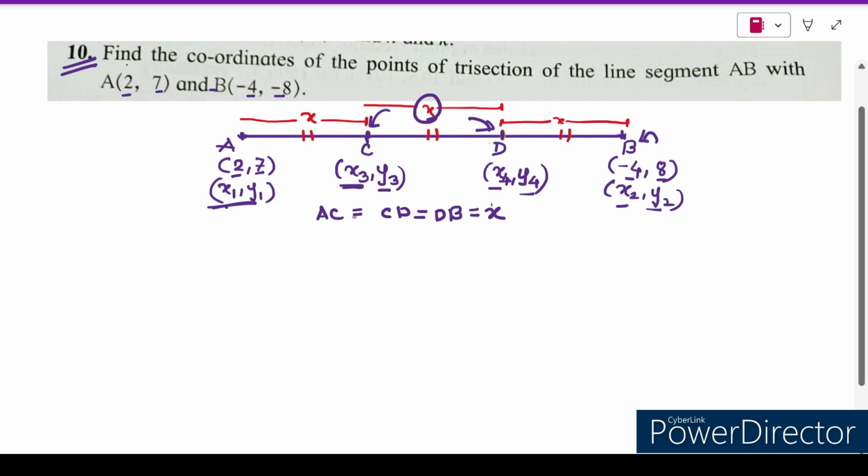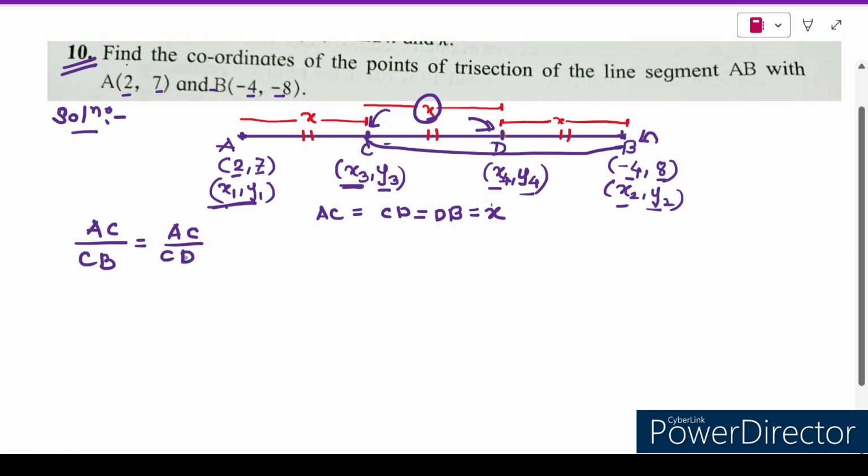Now in the solution part, write AC equals CD equals DB equals X. Draw the diagram and label the points as given below. So let us consider the ratio AC divided by CB. CB is nothing but the distance between C and B, that is CD plus DB.